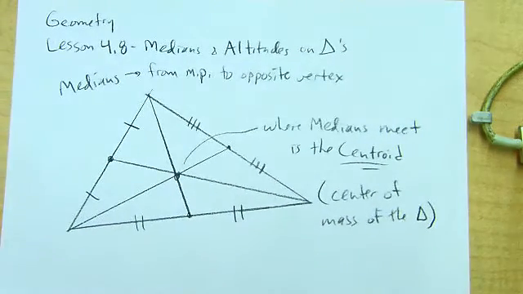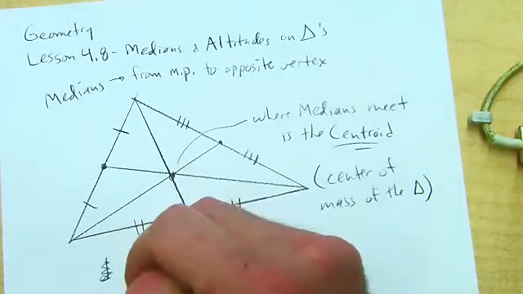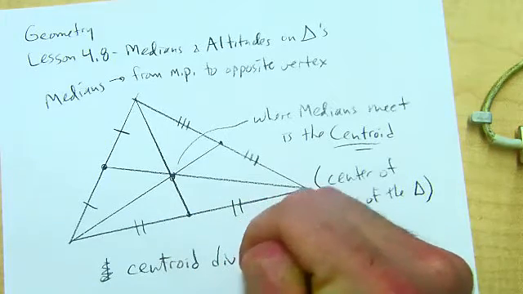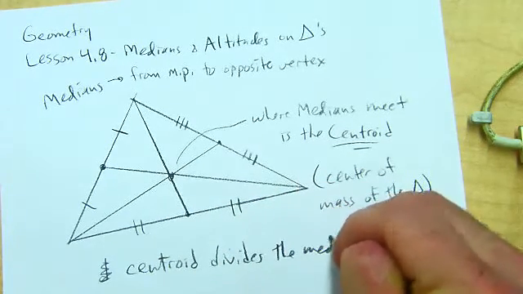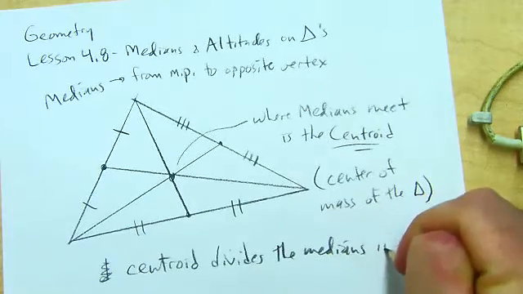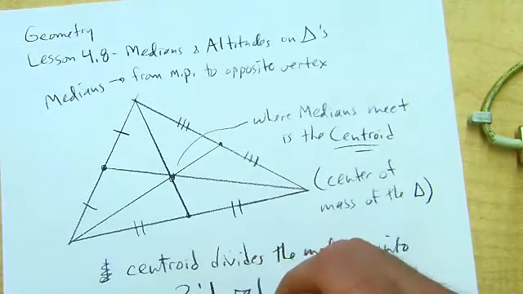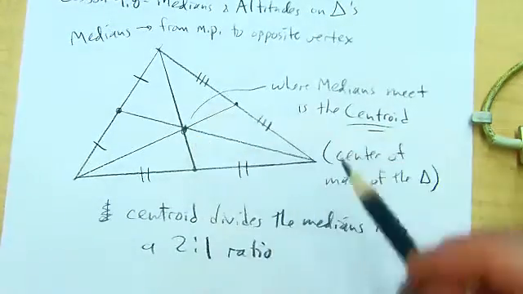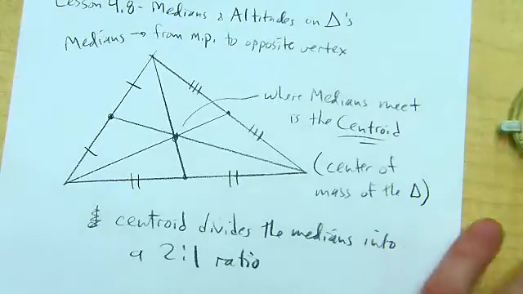The other thing you need to know about medians is the centroid divides the medians into a 2-to-1 ratio. Okay, the centroid, which is here, divides it into a 2-to-1 ratio. How you can show that on your assignment is you've got to show it by measuring.